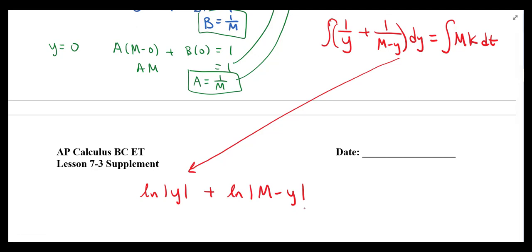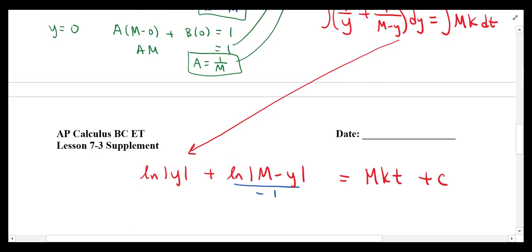Remember that y has a coefficient of -1 in front. It's not a positive y, so I have to use chain rule or reverse chain rule to get rid of it. I need to divide everything by -1. And just to finish off the right-hand side, mk is a constant, so the antiderivative is mkt plus c.